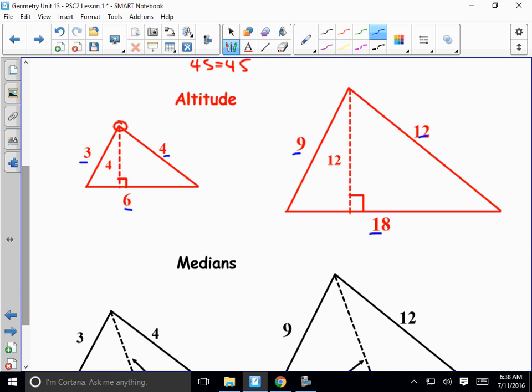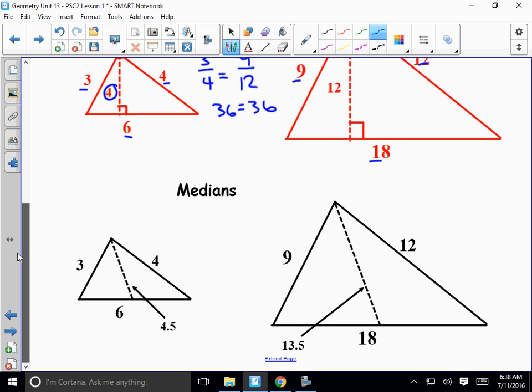So when we're setting up our ratio, I'm now going to talk about the altitude in this. 3/4 left side over altitude. Does that equal left side over altitude? We cross multiply, 36 equals 36.